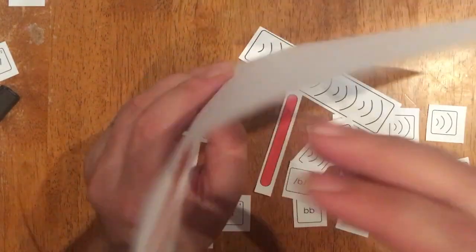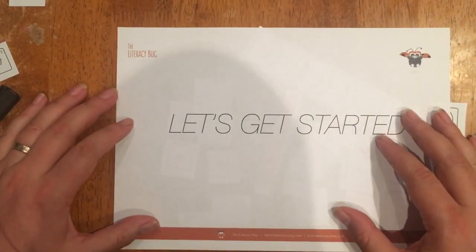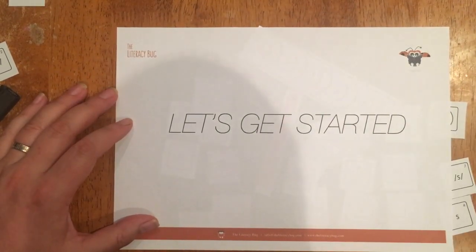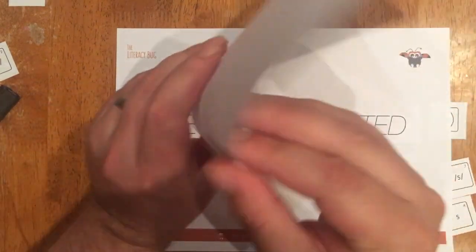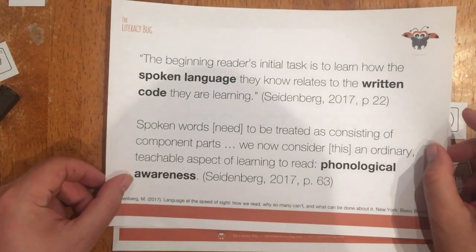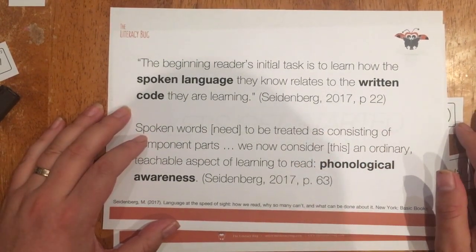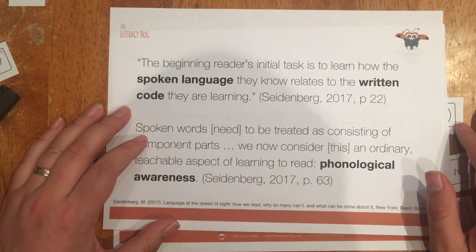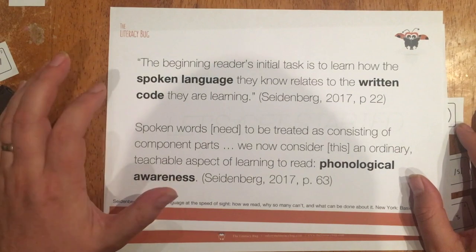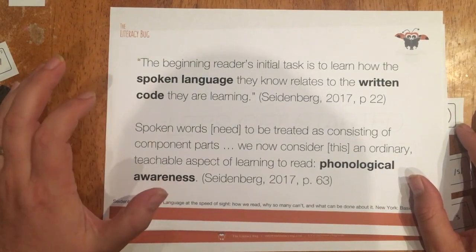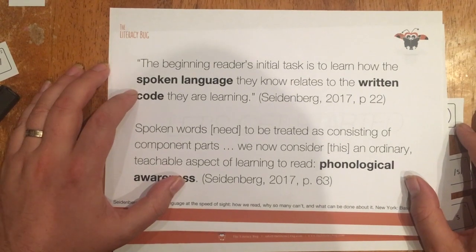Okay, so let's get started with the bulk of this presentation. So the key emphasis within this activity follows upon a comment that Mark Seidenberg makes, and that is the beginning reader's initial task is to learn how the spoken language they know, that they're very familiar with, relates to the written code that they're learning.